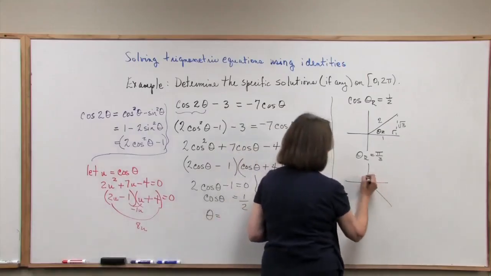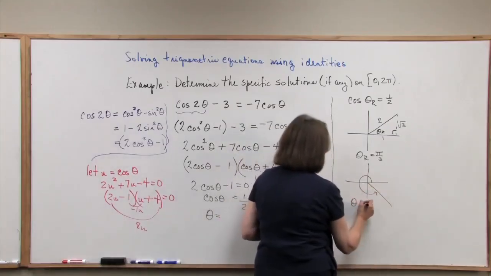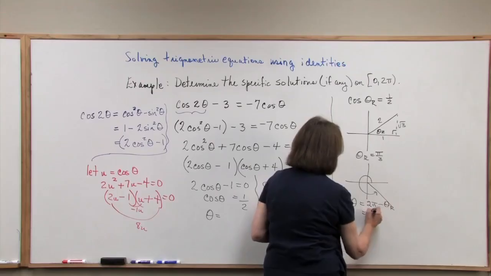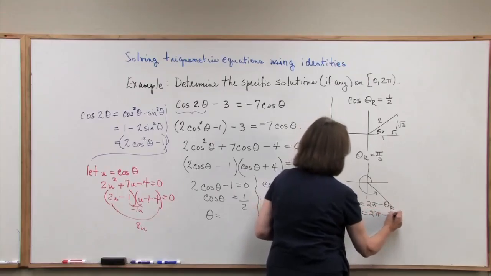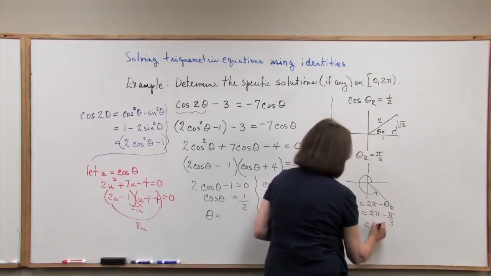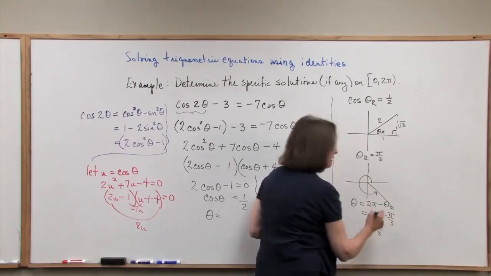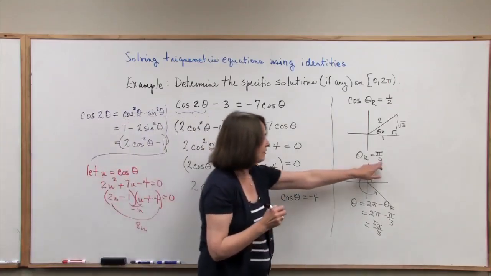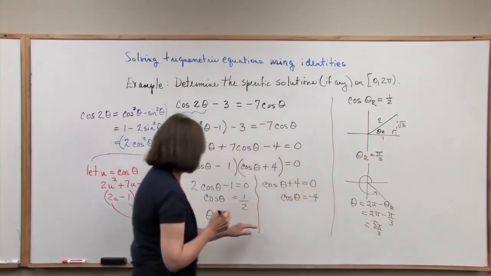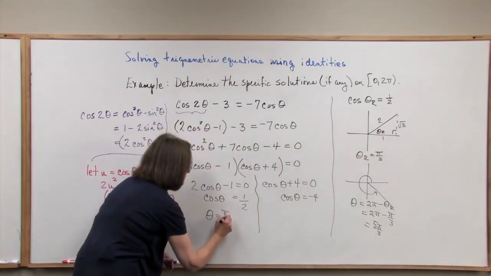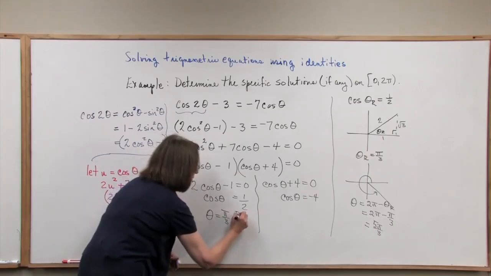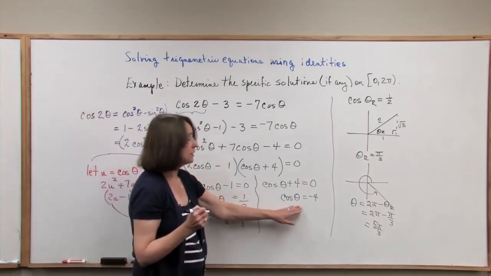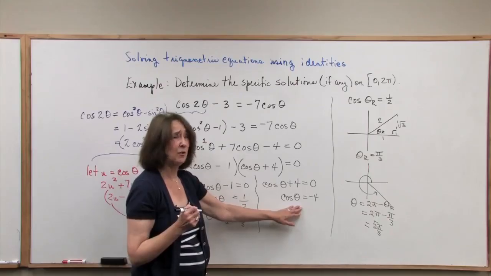Quadrant 4. That angle we will find by subtracting the reference angle from 2 pi, which gives us 5 pi over 3. So the pi over 3 and the 5 pi over 3 are the first two solutions. Now, let's go to cosine theta equals negative 4.